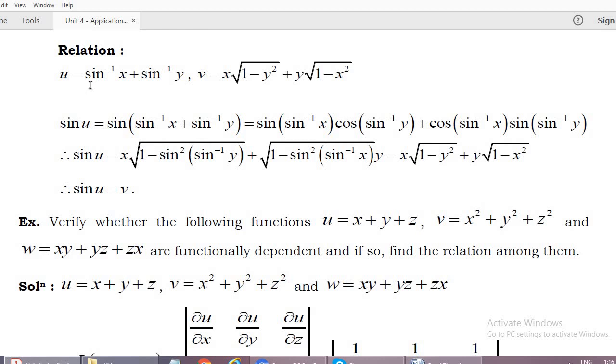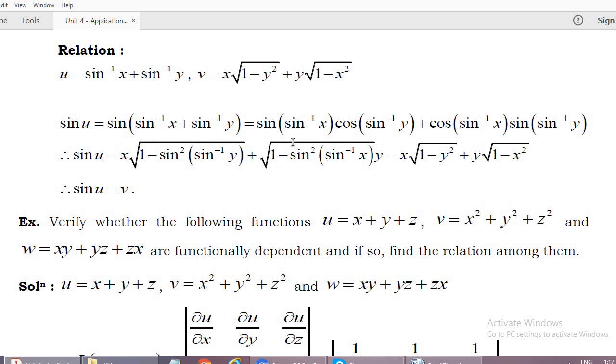Here we see that in u there are sin inverse terms. So we will take sin u. Sin u equal to sin of (sin inverse of x plus sin inverse of y). Let us use the formula sin of (a plus b) is equal to sin a into cos b plus cos a into sin b.